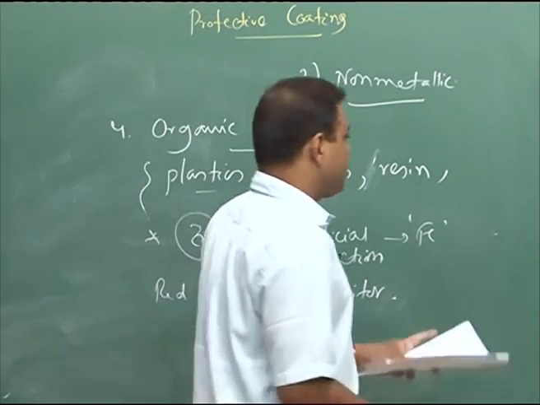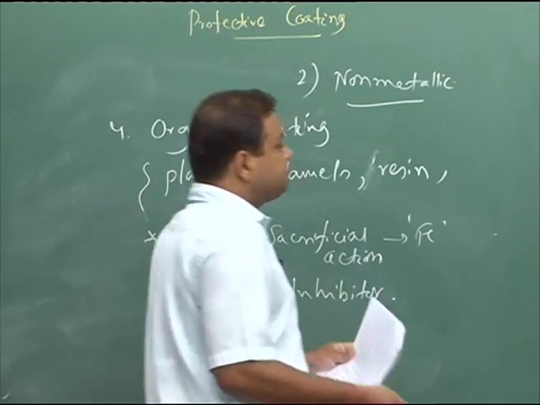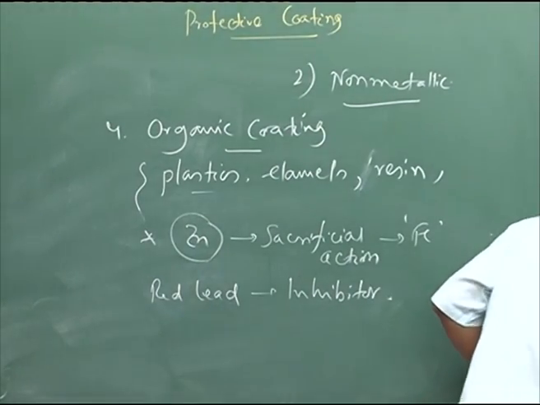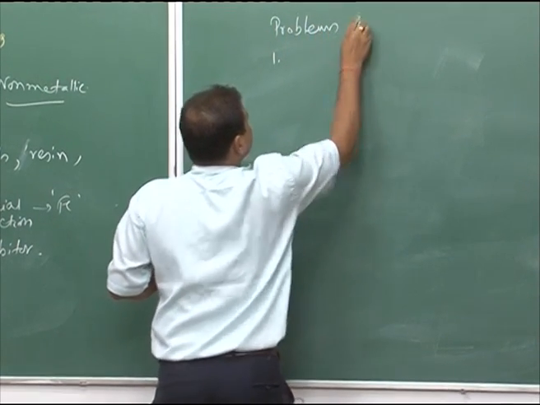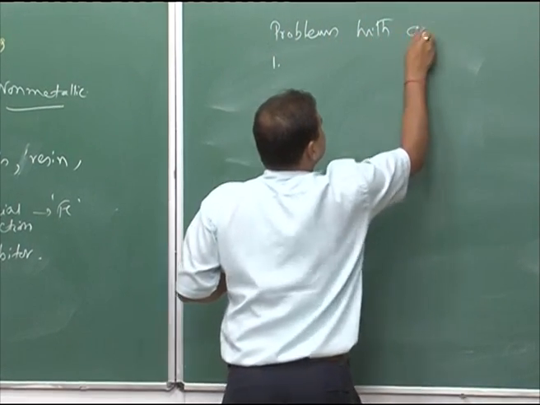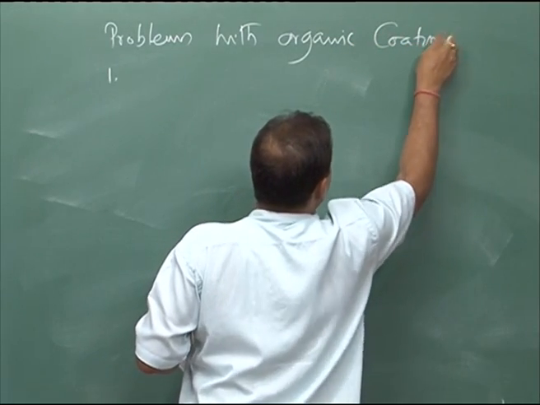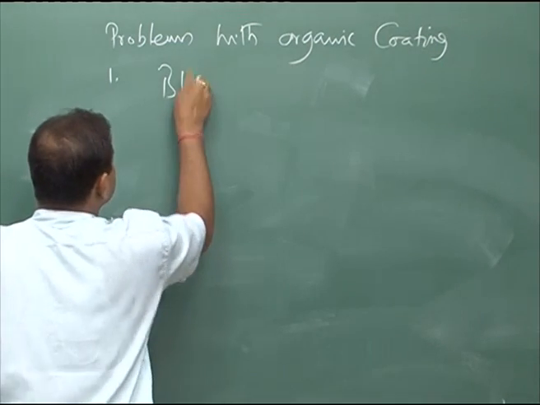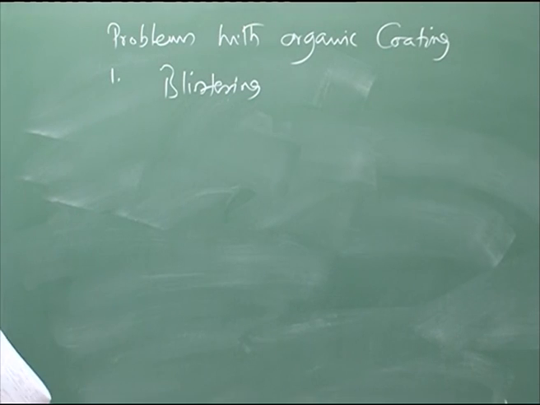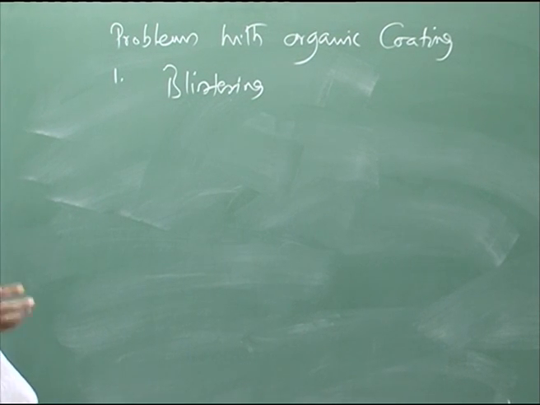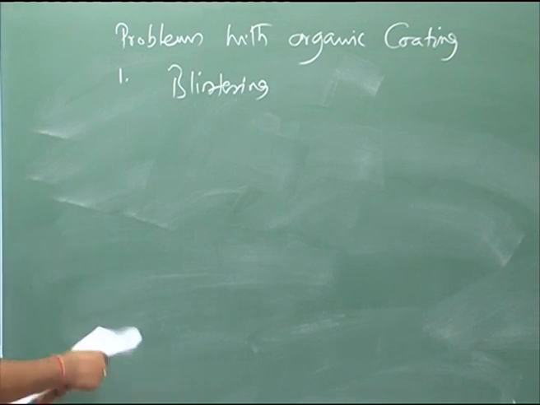Now, let us see what are the common problems experienced with respect to organic coating. One problem could be blistering. On the organic coated surface, due to the action of oxygen and water or gases, there could be blister formation on the metal surface.